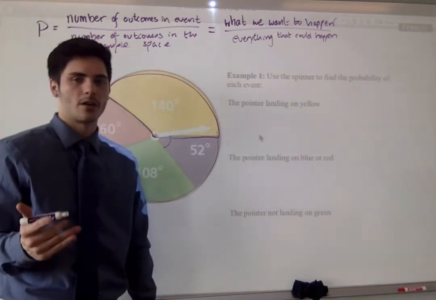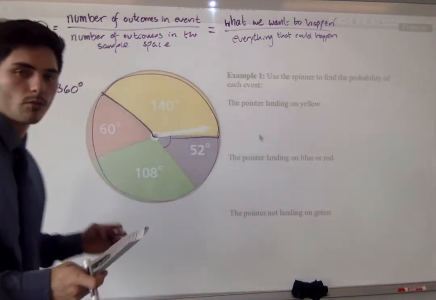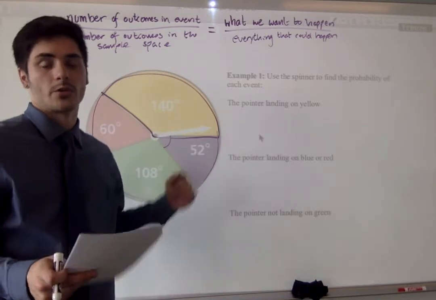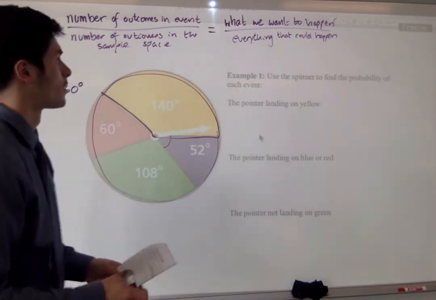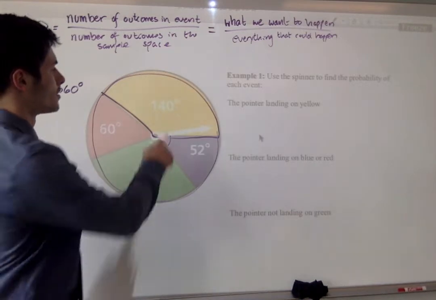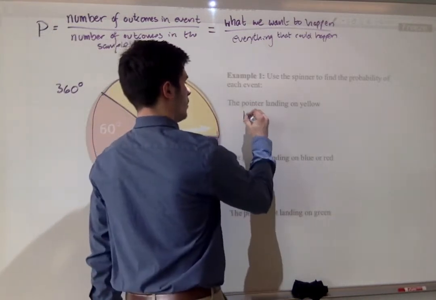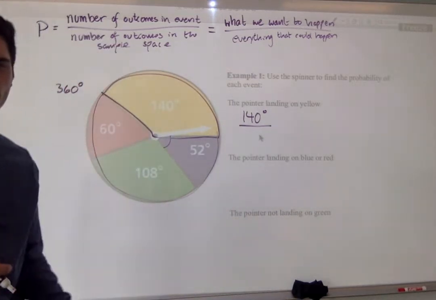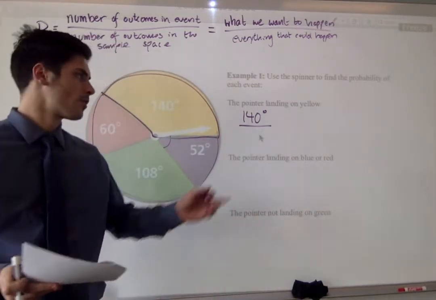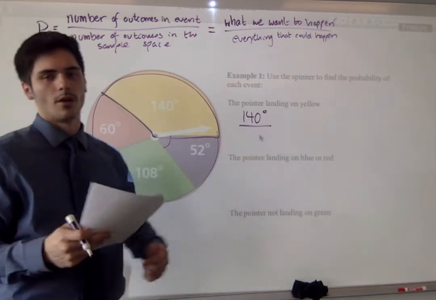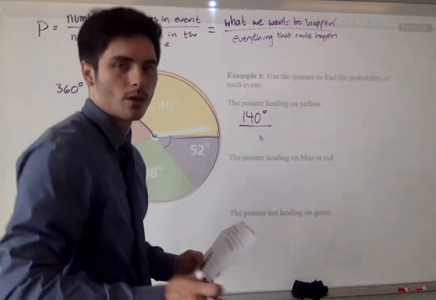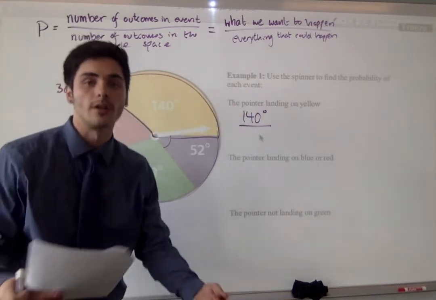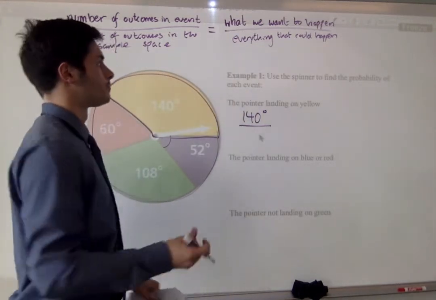Let's think about how we can break a circle up. We know that a circle has 360 degrees. These are all labeled in degrees, so we can split this up with degrees. We can take what we want to happen, this 140, and put that over, what do we do, 360 minus 140? No, because we want the denominator to be everything that could happen, including what we want to happen.